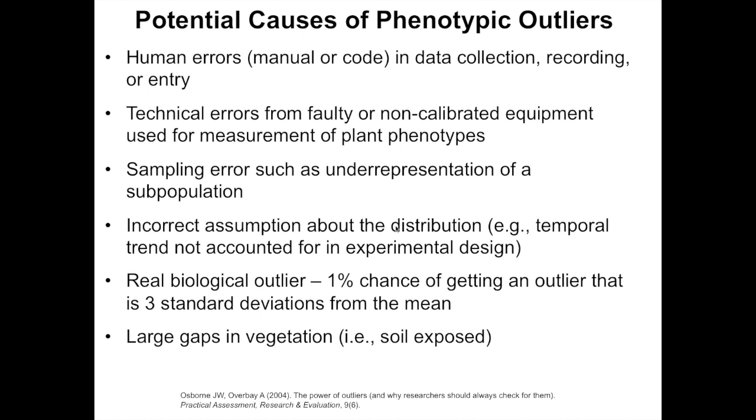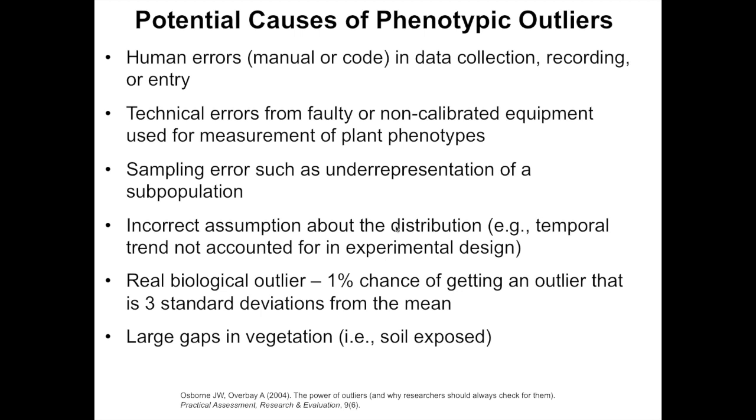There could also be sampling errors because of different subpopulations, or incorrect assumptions about temporal trends. And one thing to keep in mind is that some of these biological outliers could be real, because there is a 1% chance of getting an outlier that is 3 standard deviations from the mean.